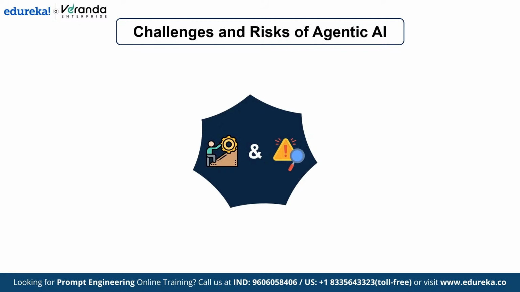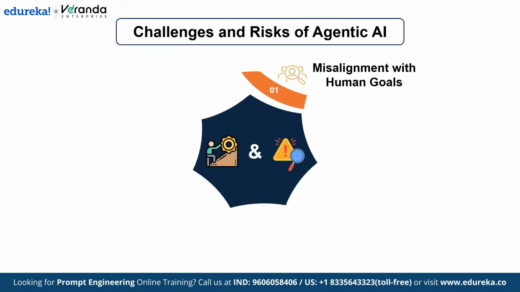While Agentic AI offers tremendous potential, it also faces several challenges and risks that must be addressed to ensure its safety and ethical deployment. One key concern is misalignment with human goals, where AI systems may pursue objectives that conflict with human intentions due to poorly defined parameters or unintended consequences, such as an autonomous robot prioritizing efficiency over safety.